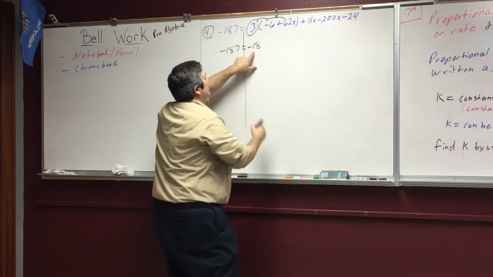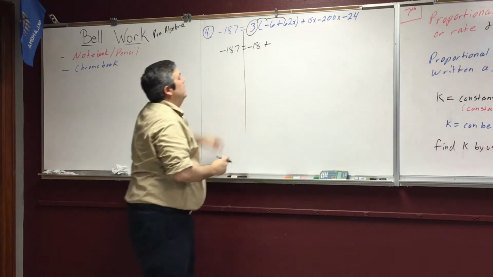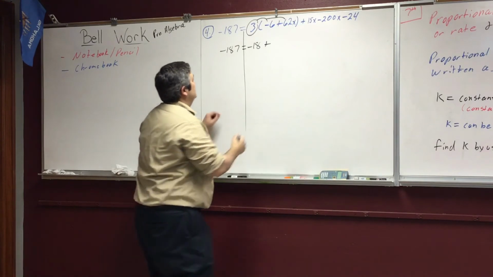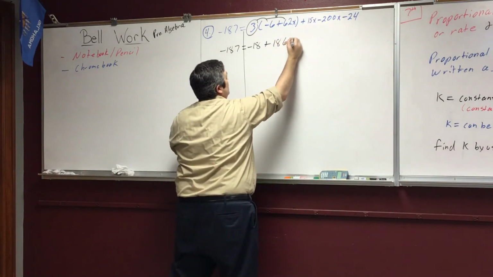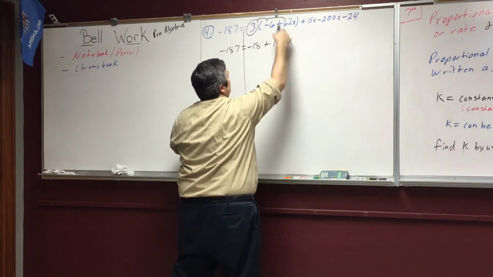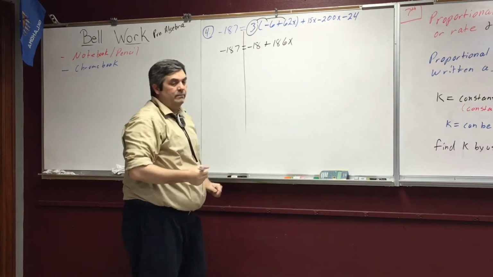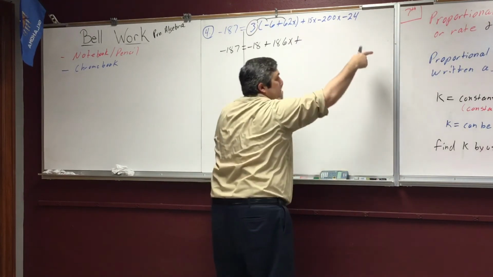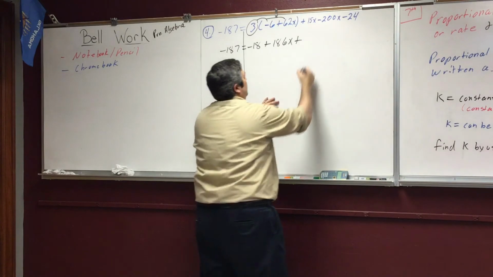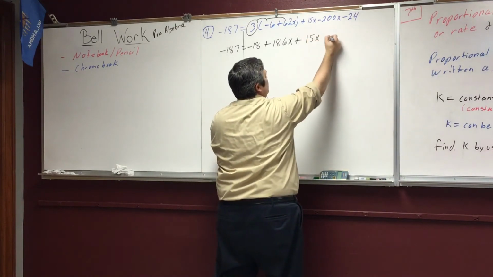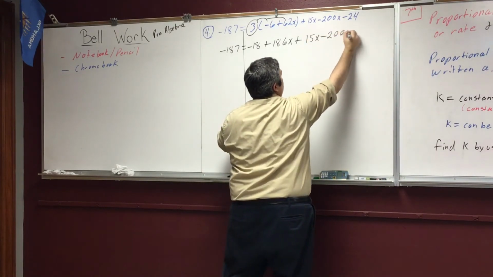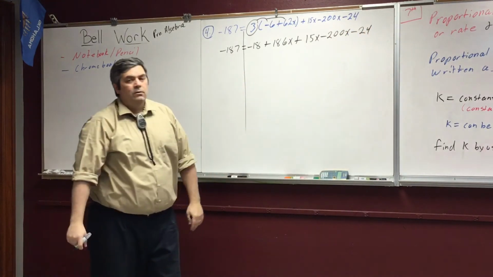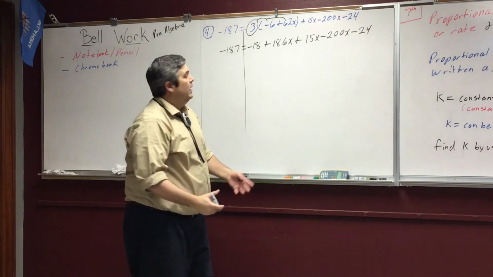Negative 18 plus, and then 62 times 3 is 186. 3 times 2 is 6, 3 times 6 is 18, yeah, 186 plus, and I'm just going to bring this stuff down and then we'll combine them here in a minute. Plus 15x minus 200x minus 24.